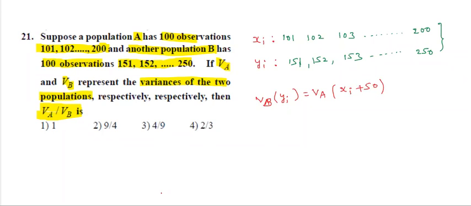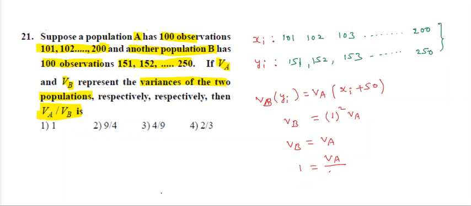YI observation is increased by 50 compared to the XI observation. Then how to write the variance? What is the XI coefficient? 1. 1 square into VA. 1 square means 1 only. VB is equal to VA. But they are asking VA divided by VB.